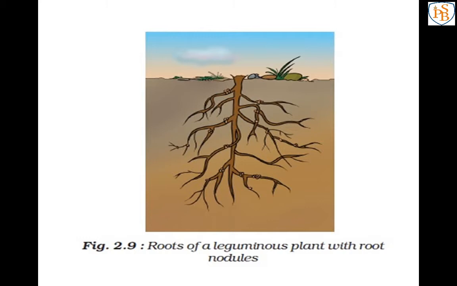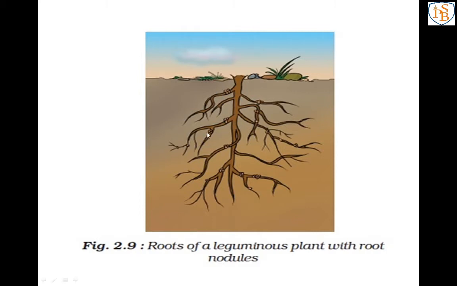So there is a sharing relationship between the plant and the bacteria. That type of nutrition is known as a symbiotic relationship, means both are sharing something with each other.